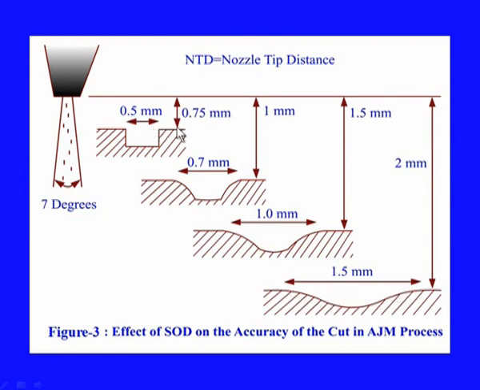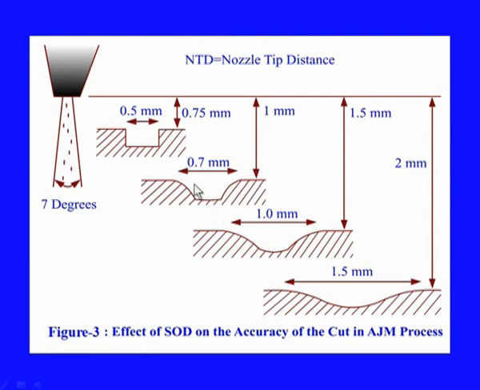As we can see, with a smaller standoff distance we can get a sharp cutting profile as shown in this figure, and as we go beyond a certain optimized distance, the stray cutting will be more because of the divergence of the nozzle jet, and the cutting efficiency of these particles will come down. Also, these particles will lose some energy during flight while overcoming the resistance.